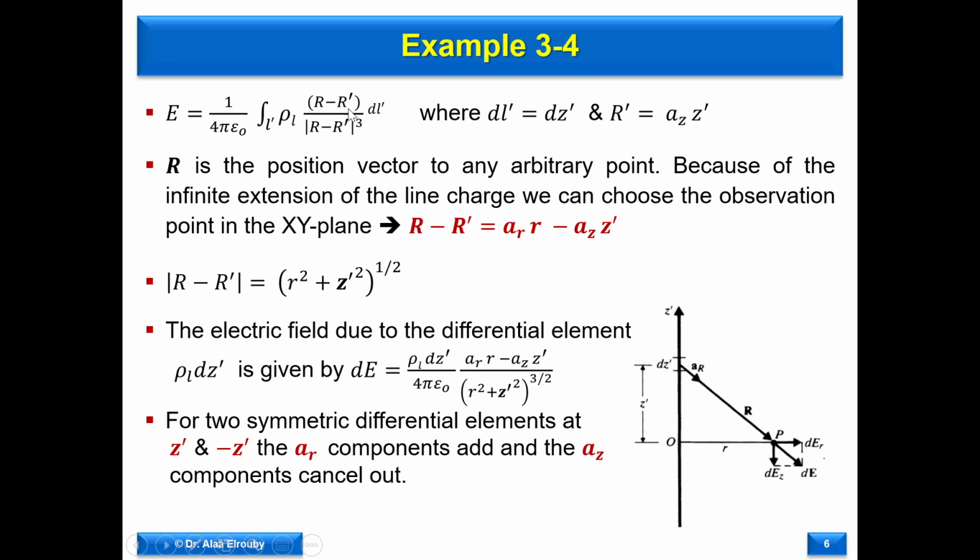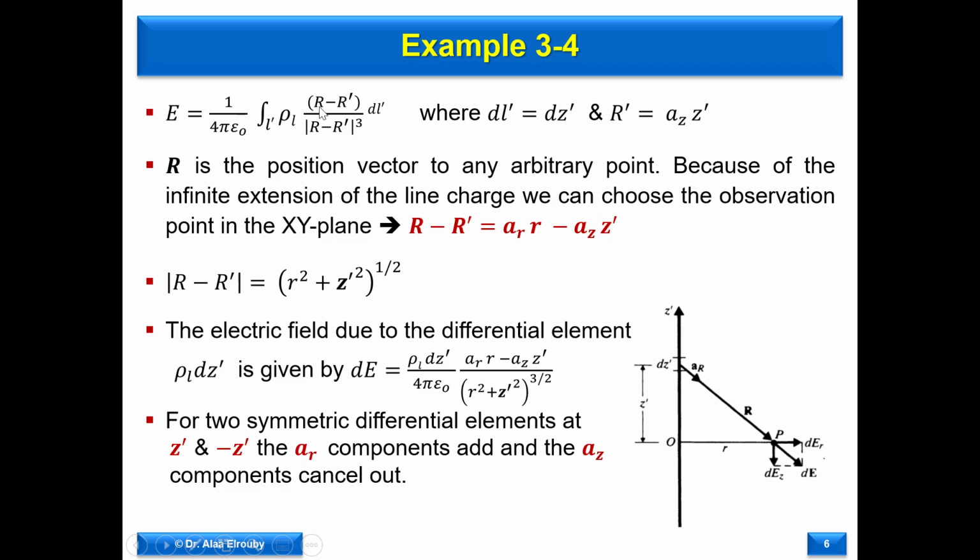Okay, the r prime, which is the position vector to the source point. The source point is just a differential element on the line where we integrate. So the position vector would be from 0 to this point, which equals z prime az. Okay, so this is the first, r prime and dl.